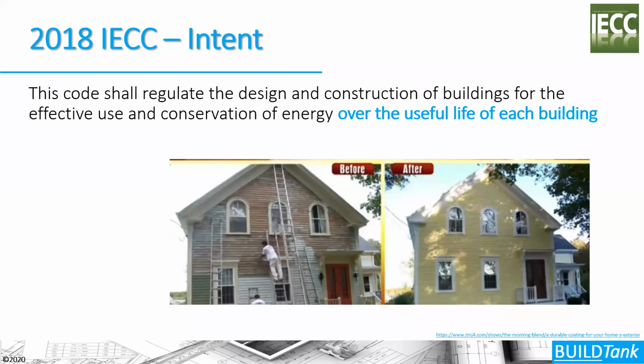But the reality is that the code is looking for long-term durability, whether that's a 100-year-old house or a 50-year-old house, that could be questioned, but the things that we put on the house need to last for the useful life of the building structure. So we're talking about long-term durability.